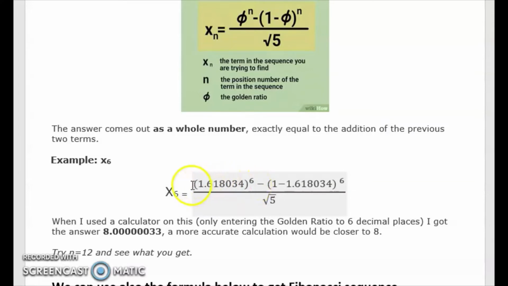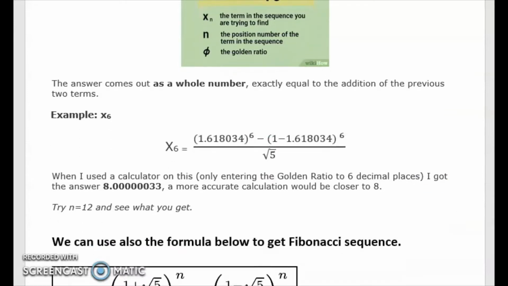N is the position of the number that we are trying to find, 6, so that's why it is to the 6th power. Minus, 1 minus the value of the golden ratio, 1.618034, to the power of 6, divided by the square root of 5.